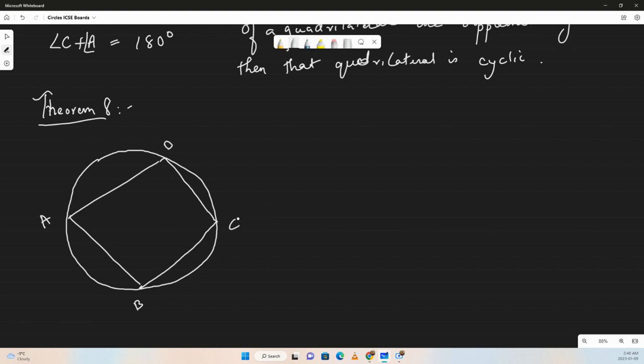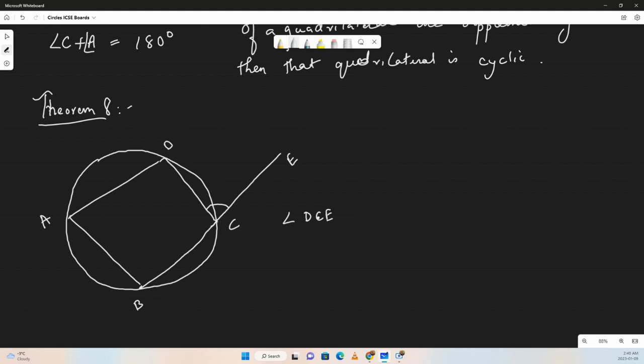Okay, so an exterior angle. So let's extend something. So the exterior angle is going to be this. So let's call it E. So angle DCE, that's the exterior angle, right? Is equal to the interior opposite angle.